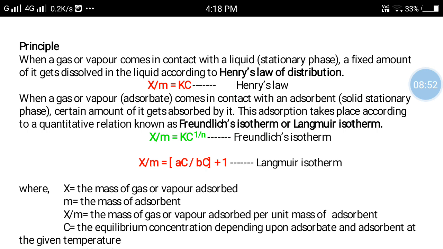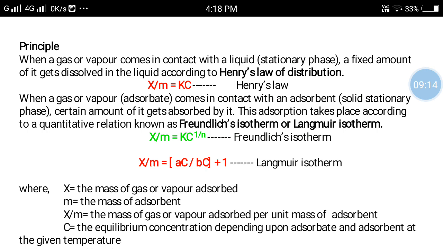This adsorption takes place according to the quantitative relation known as Freundlich's isotherm or Langmuir isotherm. Freundlich's isotherm mathematically explains x/m = Kc^(1/n).